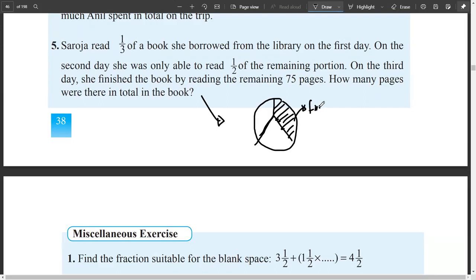first day, right? On the second day she was only able to read half of the remaining portion. Okay, half of the remaining portion. On the third day she finished the book by reading the remaining 75 pages. How many pages were there in total in the book?